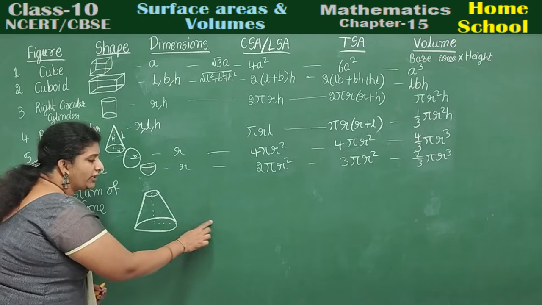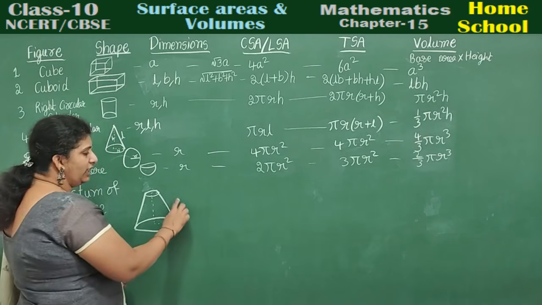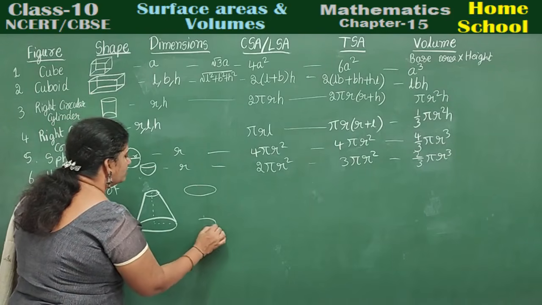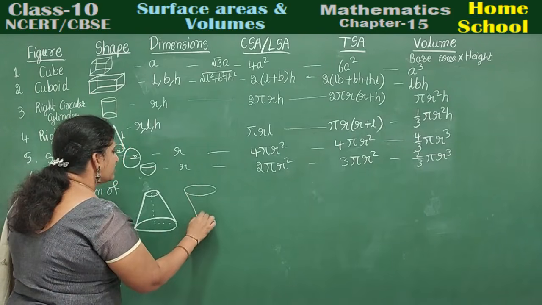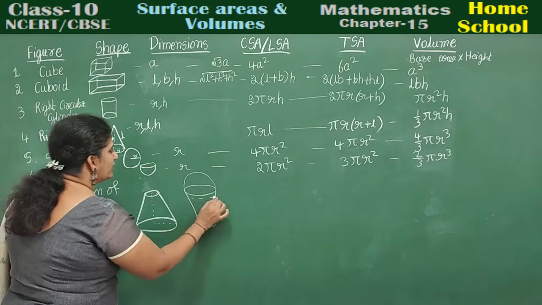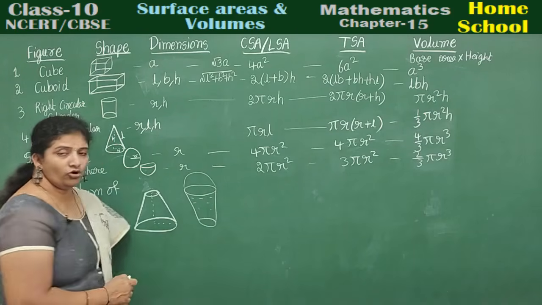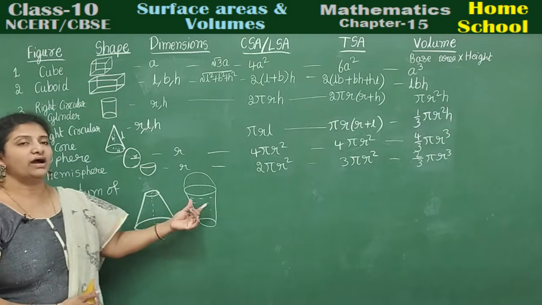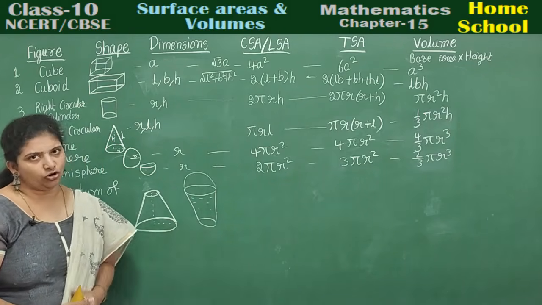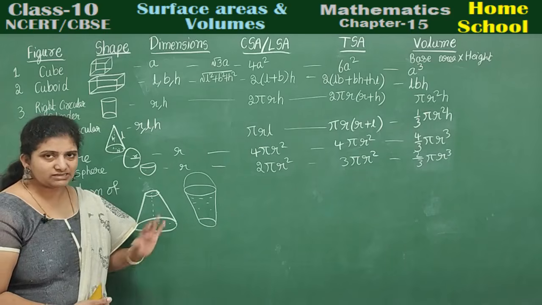At the bottom it will have a small circle, and at the top you will have a big circle, like this. Look here, children, like this you can imagine a bucket, what you see every day in your home. This bucket is an example of a frustum of a cone. Is this clear?